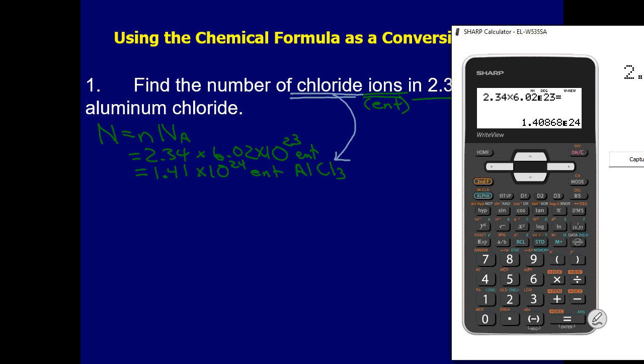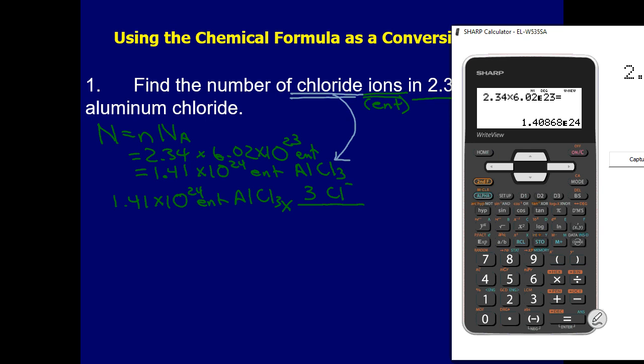This is the way I like to set up the question. 1.41 times 10 to the 24 entities of aluminum chloride. What I do now at this point, and you don't have to write it like this, is I really just have to multiply it by 3, because there are 3 chlorides in each aluminum chloride.